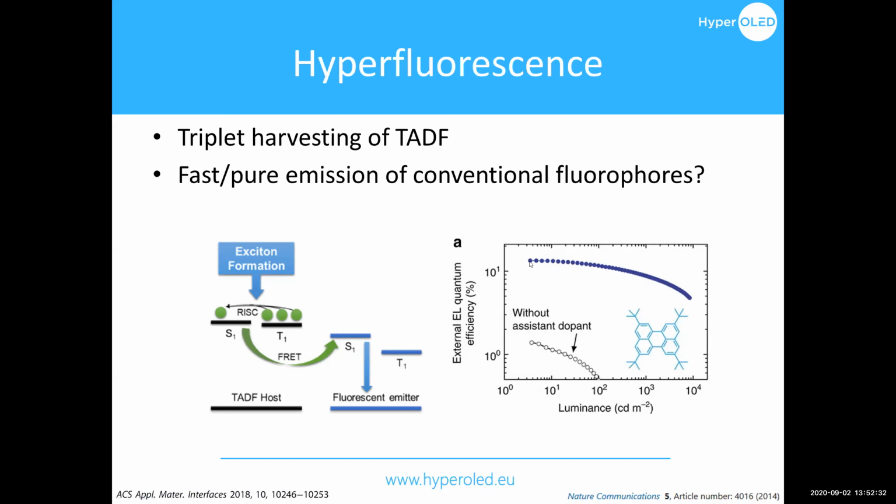If you compare the TADF hyperfluorescence material in the blue dots compared to the fluorescent one by itself, yeah, you're getting a fantastic increase compared to fluorescent. But if you were to also look at the TADF material without the fluorescent, usually the maximum EQE that you can reach is still quite a bit higher. And we're sort of getting ready to publish our findings on these hyperfluorescent systems at the moment.